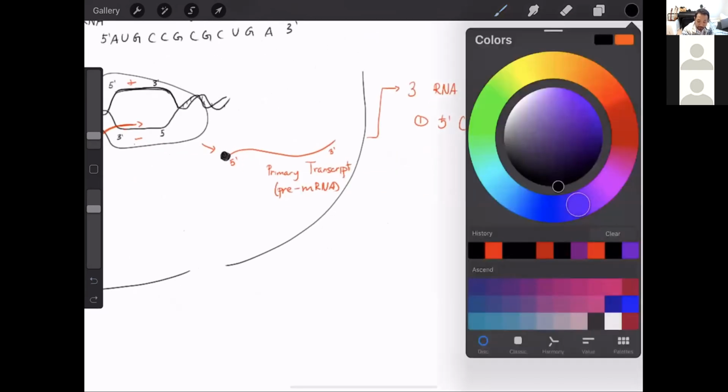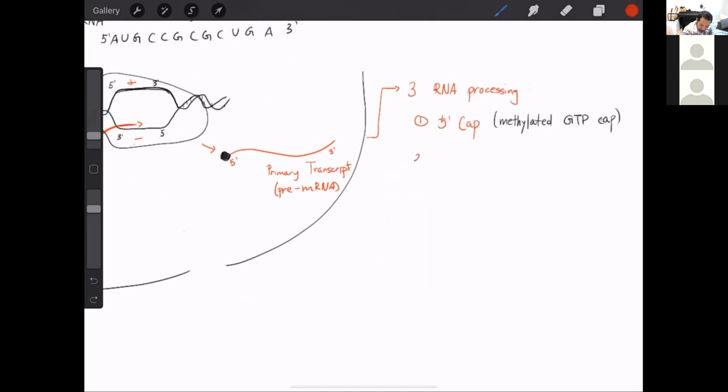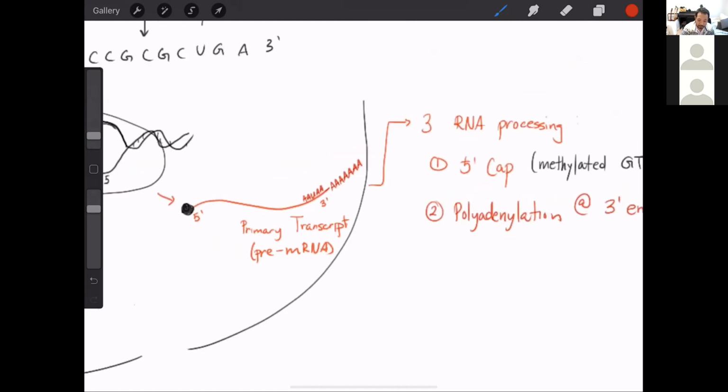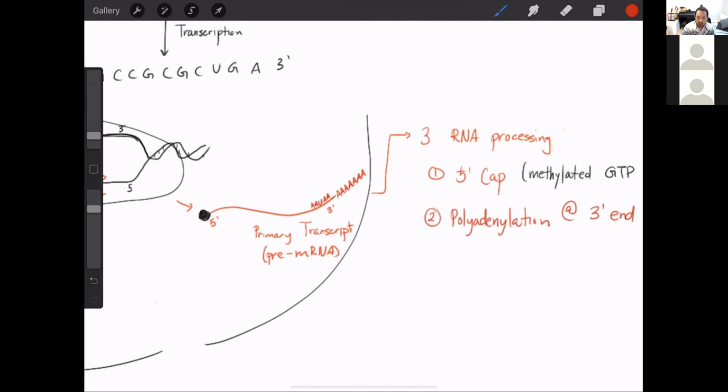Now, the second thing that we do is what we call polyadenylation. So this polyadenylation is going to happen at the 3' end, and as you can see here at the 3' end, the polyA signal, which is usually AAUAAA, is going to actually just add a bunch more A's, a ton of A's to the end of the 3' end, rather, of this particular mRNA.